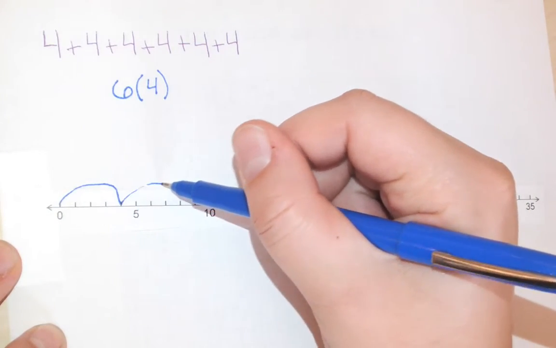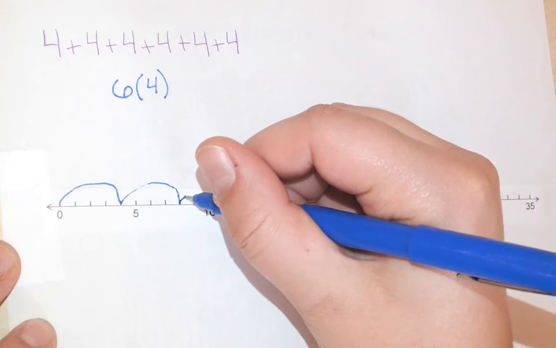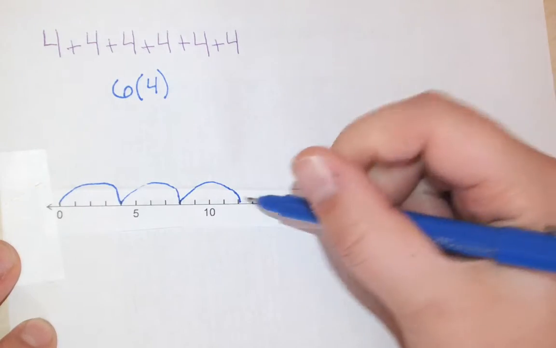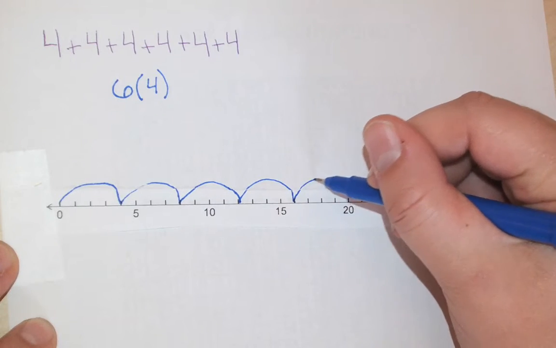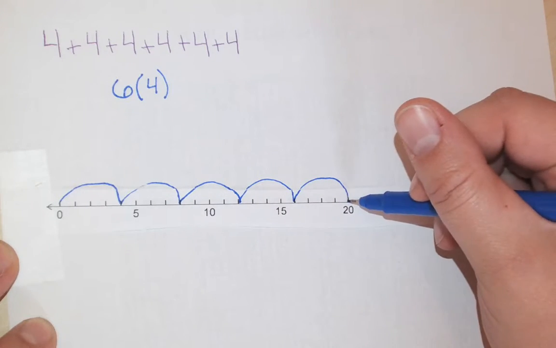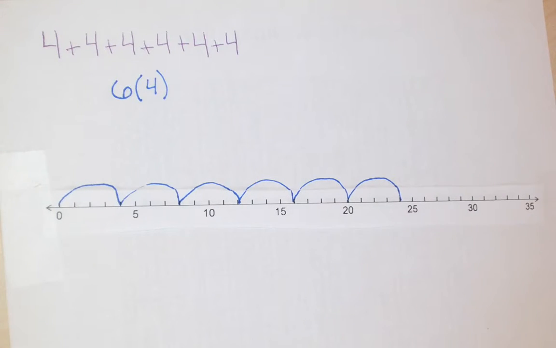I'm going to move another jump of 4. That's 2 groups, 3 groups, 4, 5, and 6 groups of 4 here. So I can clearly see, and I'm making the larger jumps to make it easier on myself rather than having to keep track of how many groups of 4 I have.